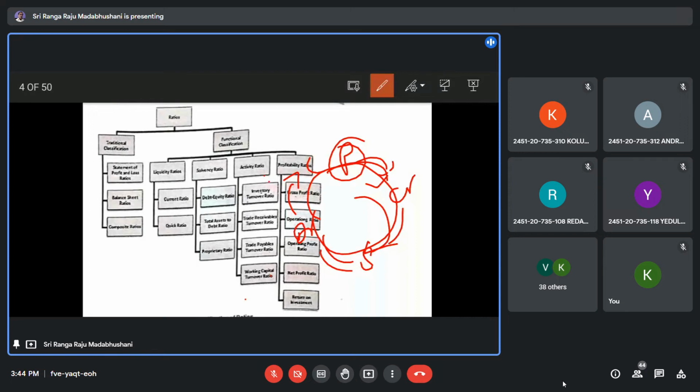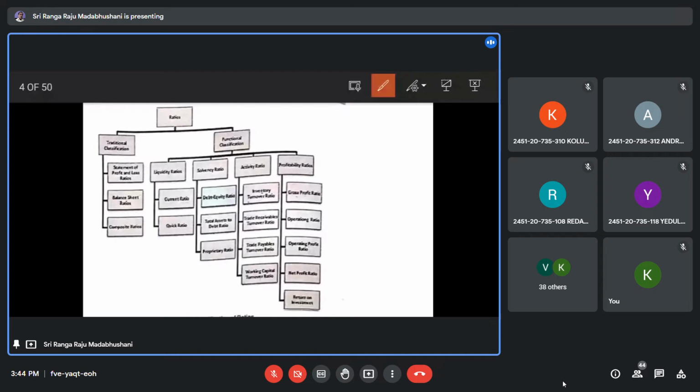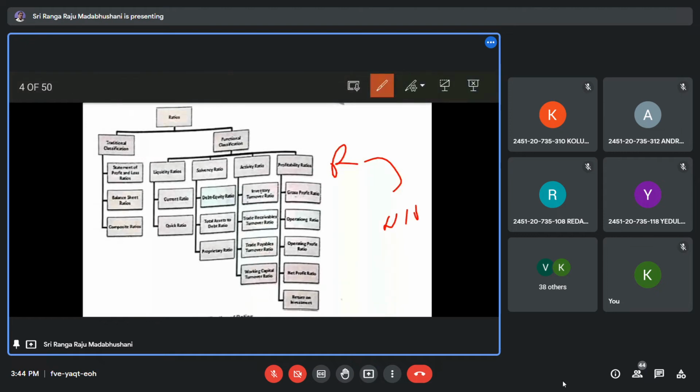How many cycles did we complete? If we completed more cycles, then there is more scope for profit. If there are fewer cycles, then there is less profit. If it is a production organization, there is purchase of raw material, conversion of raw material into finished goods, in between we will find work in process, then you will have finished goods, and those finished goods will be sold, again you will realize the cash, again raw material.